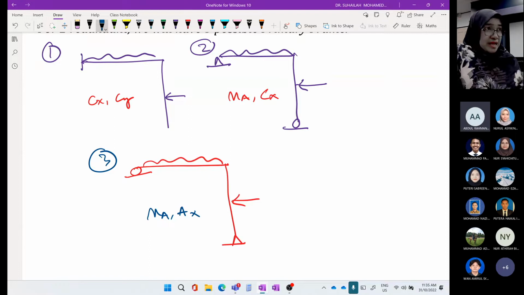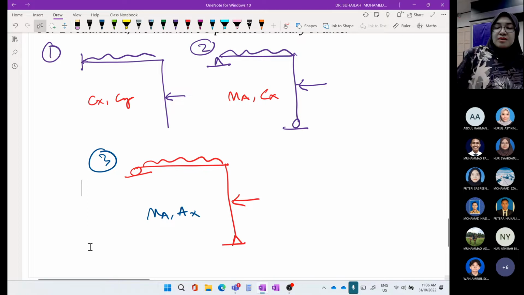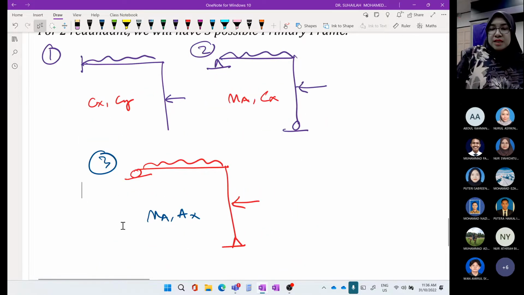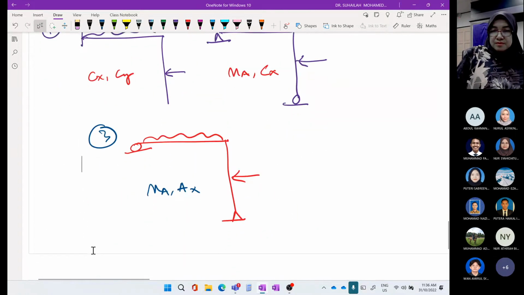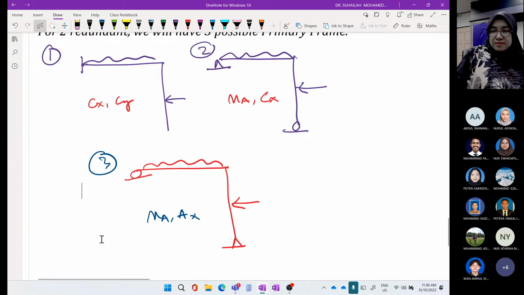Kalau kita nak continue yang tadi tu, kan? Ada soalan? Kalau kita nak continue yang tadi, since we have redundant MA applied, kan? Kita boleh pilih either 2 or 3 lah to continue. Kan? Kita nak pilih yang mana? You nak kita buat yang mana ni? 2 or 3? 3. 3 lagi senang.